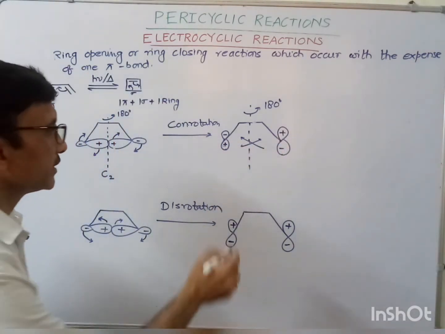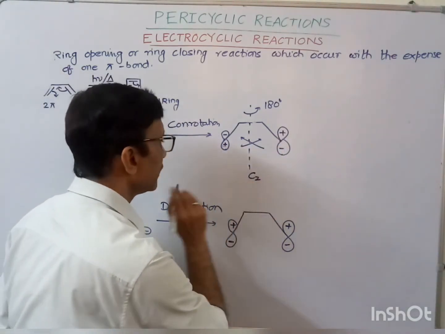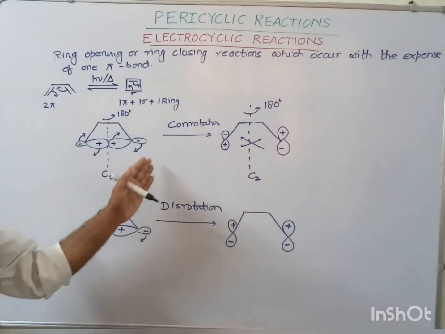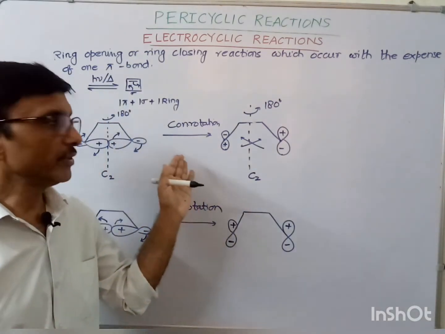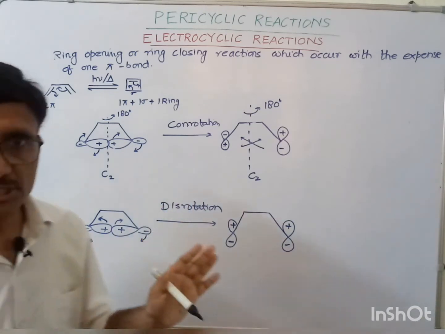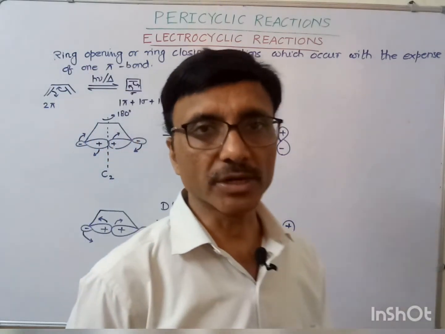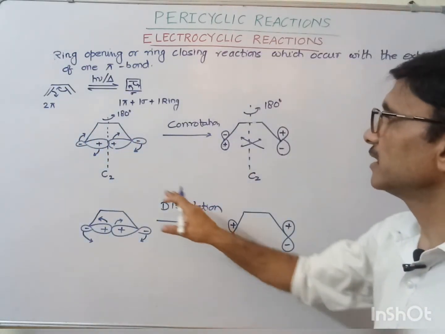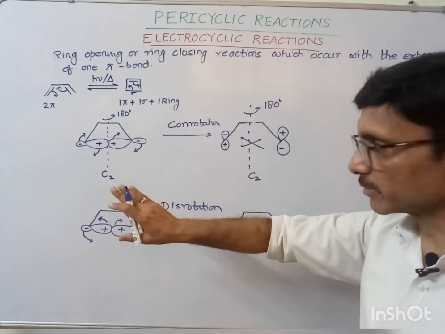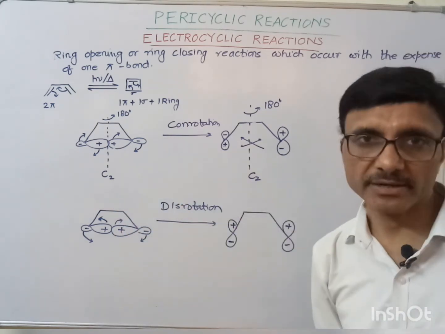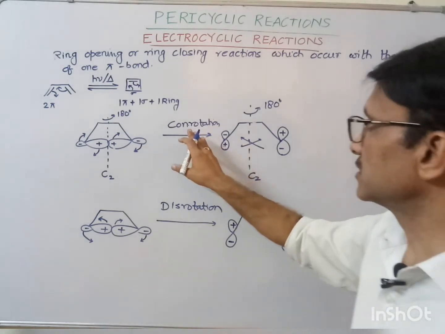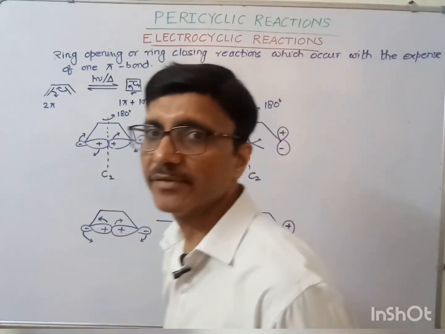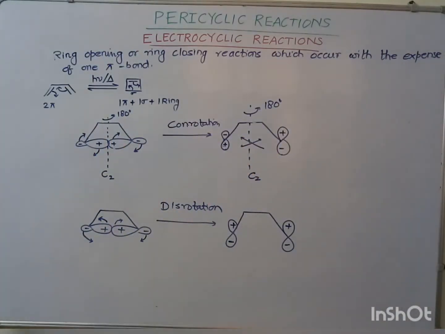So that's why this has C2 symmetry. Means during conrotation, which symmetry is maintained in reactant and product? The mirror plane symmetry was not maintained, the C2 is maintained. So for conrotation, C2 symmetry is maintained in reactant as well as in product.